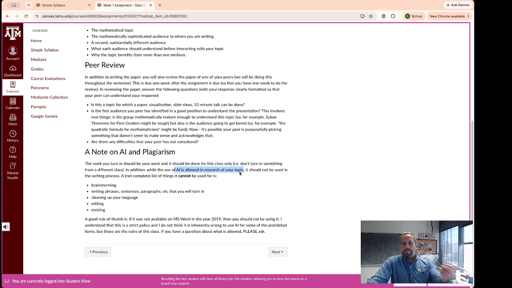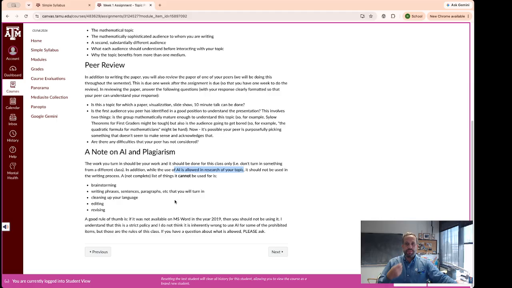But you should not be using AI to write your paper at all. You should not be bouncing ideas off of AI. You should not be using AI to critique your writing, to make your writing sound better, or for cleaning up your language, or for brainstorming, editing, revising, writing phrases, sentences, paragraphs.